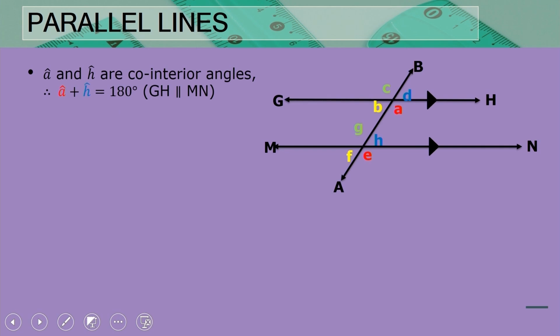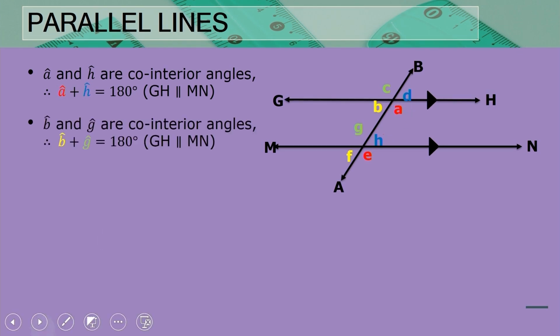So this means that since we can see that angle A and angle H are in between two parallel lines on the same side of the transversal, this means that they add up to 180. Of course, they are not the only co-interior angles that are there. We also have angle B and angle G, which means that they also add up to 180. And this is only because we have them between two parallel lines.